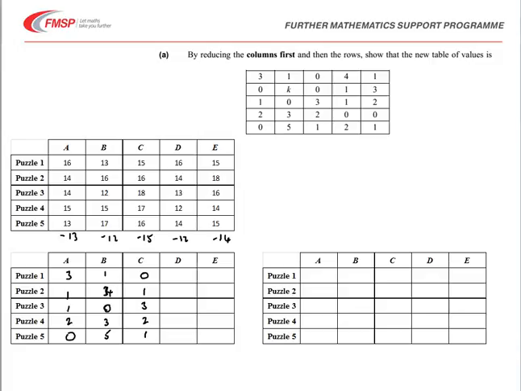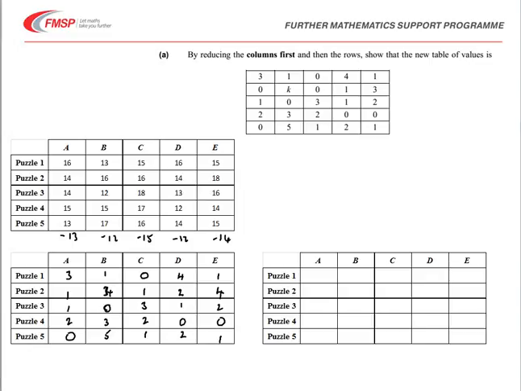Taking 12 away from the next one, 4, 2, 1, 0, 2. And finally, subtracting 14 comes 1, 4, 2, 0, and 1. So that's the column reduction done.